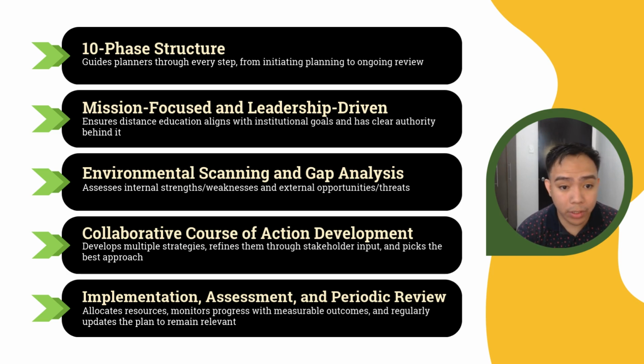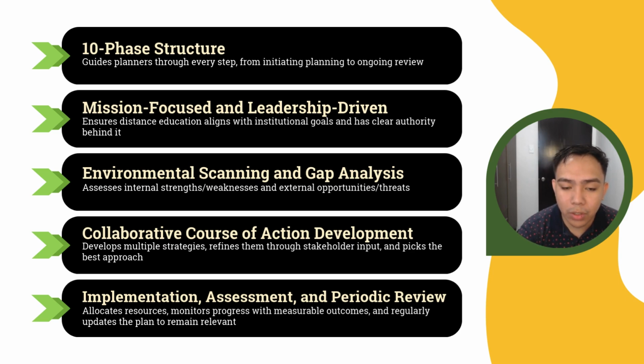The first one is the 10-phase structure. There are 10 phases for it, and we're going to discuss the first 4 phases one by one. It's also focused on the mission of the school and the intention of leadership. There are two things that are considered: environmental scanning and gap analysis, which we'll talk about later.